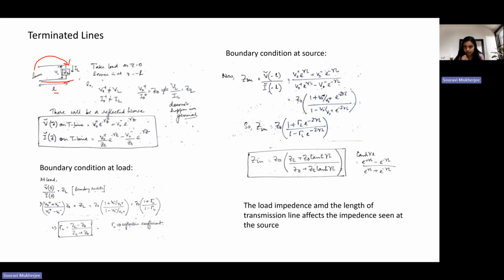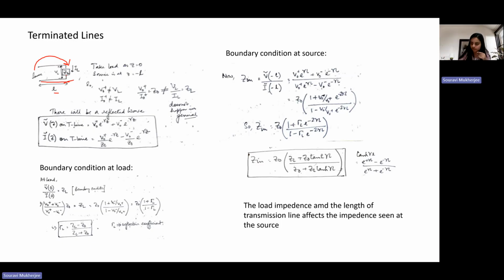There are certain conditions that need to be satisfied at the two ends, the source end and the load end. So suppose at the load end, you know what your load impedance is, right? That would govern the kind of drop that would be happening at the load. So that's why it is necessary to now consider the effect of the load.